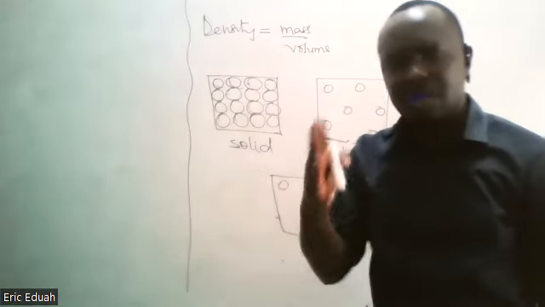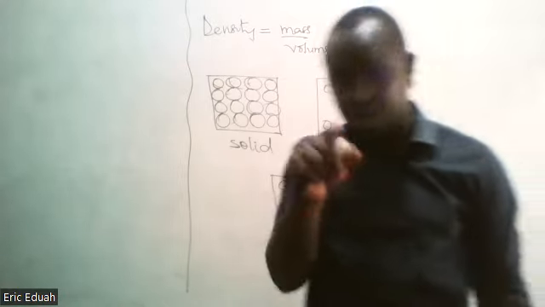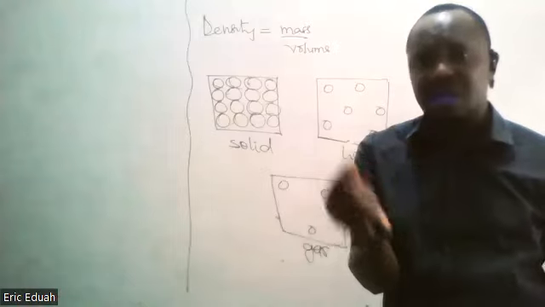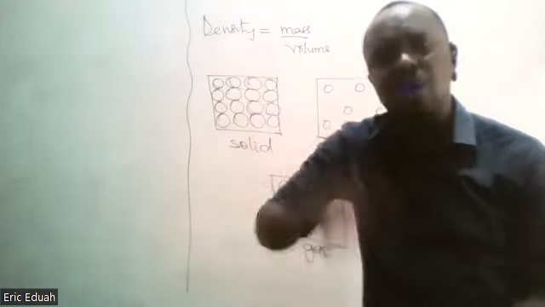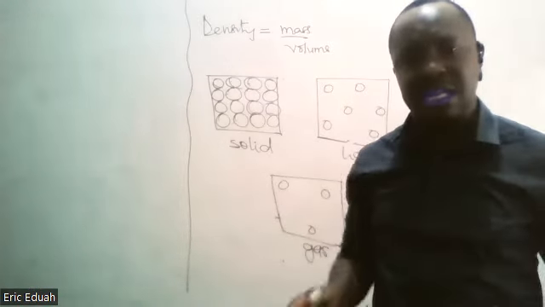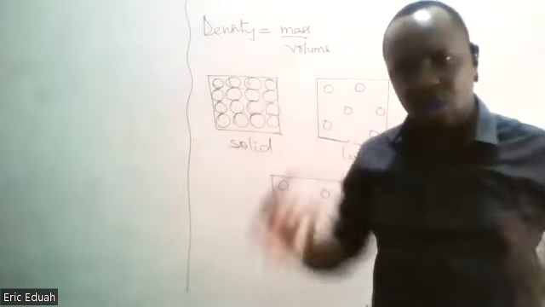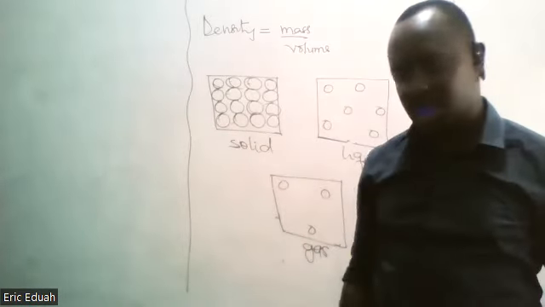So density isn't just about mass over volume. Using mass over volume is how to calculate it. But when you are asked to define, you define it as the number of particles within a specified or given volume. Is that clear?